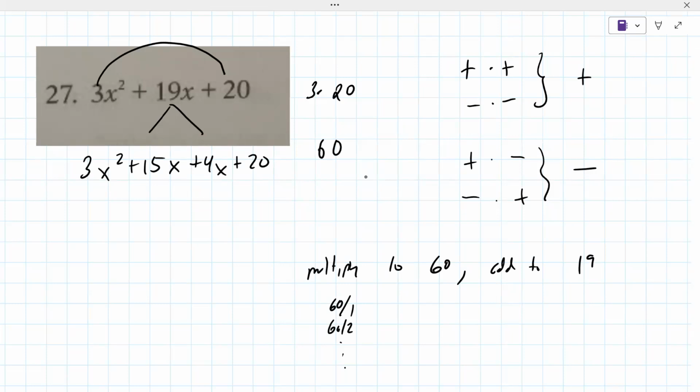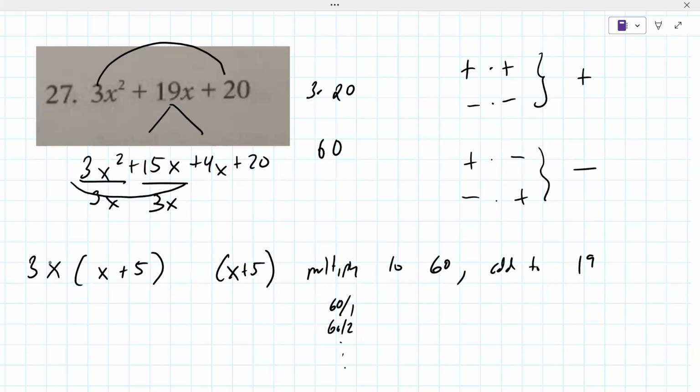Now you're going to find the GCF between 3x squared and 15x. There is an x. What about between the two numbers? 3. So you're going to divide each by 3x, and you'll end up getting x plus 5 in parentheses there.